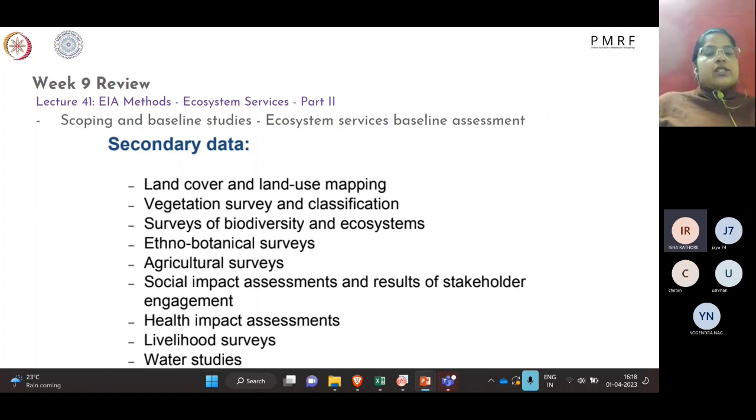If the project is causing an impact to the health of the beneficiaries or people around it, then you need to do health impact assessments as well. Then you can also have livelihood surveys, and water studies for assessing the quality and quantity effect on the water present on site and the other water sources around.